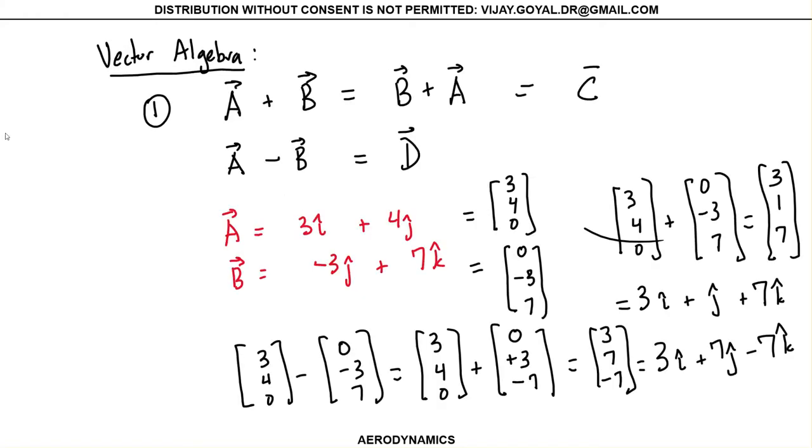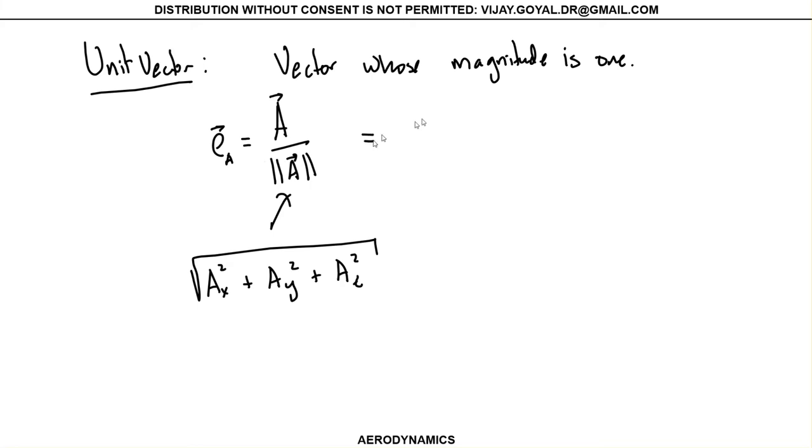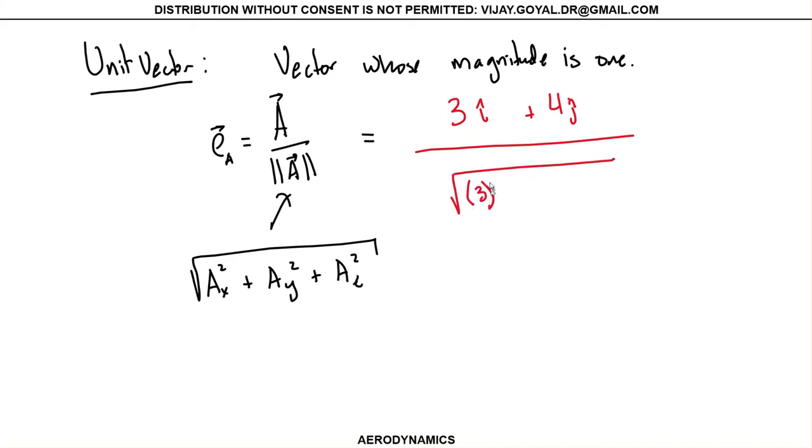So for this example, I had 3 and 4. This is an example, okay? So the vector is 3i plus 4j. The unit vector would be that divided by the square root of 3 squared plus 4 squared plus 0 squared.